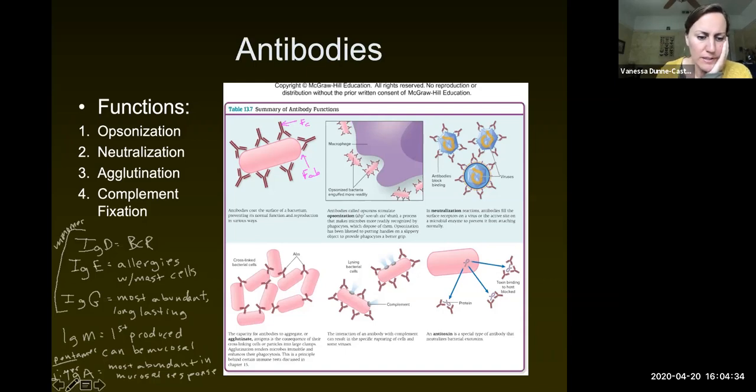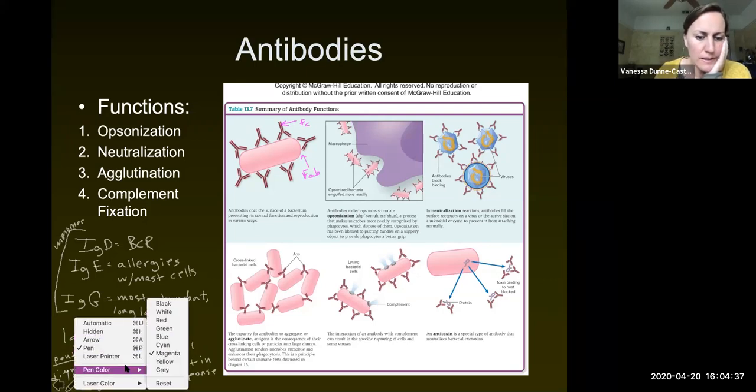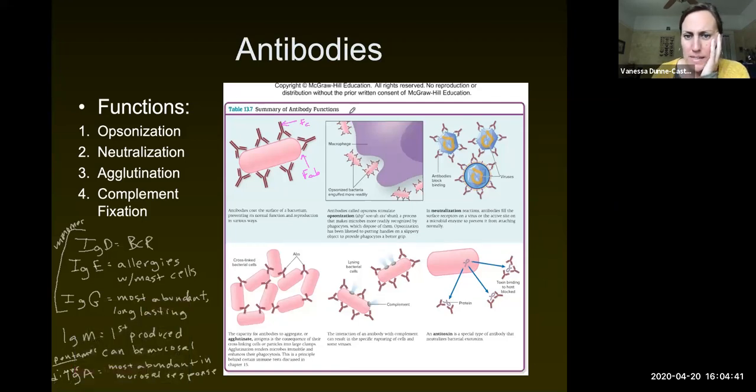Let me change my color again. For opsonization, macrophages have something called Fc receptors, or FcR, that is important in, of course, binding the Fc tail of these ones.